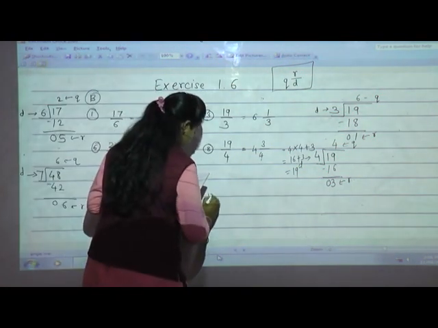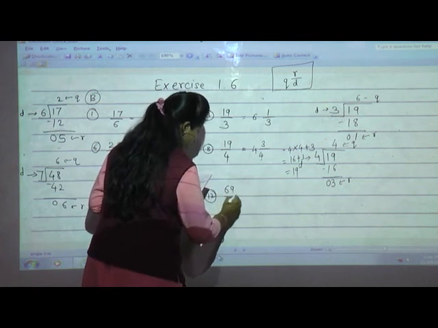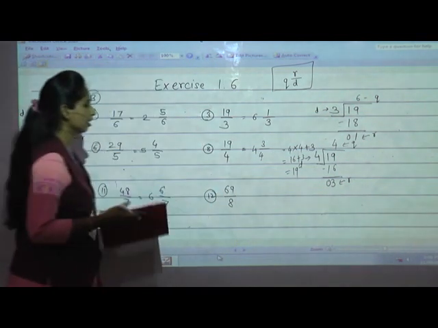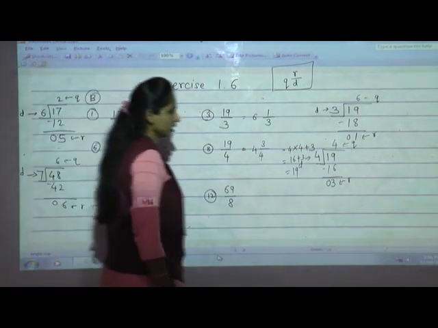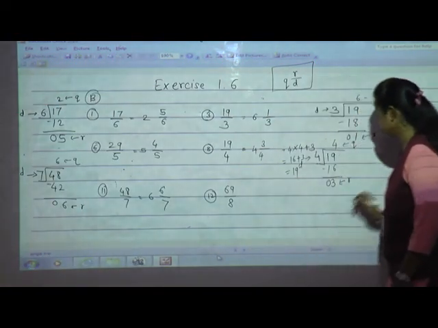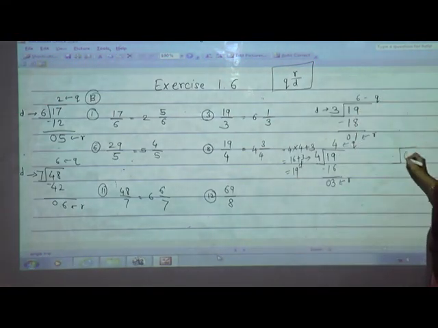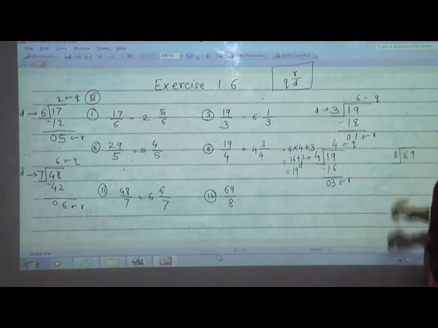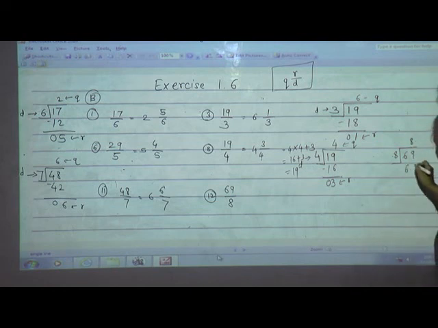12th one. 69 upon 8. Now do the rough work. In 8 table 69 is there student? No. Then what is less than that? 8 8s are 64. Isn't it?